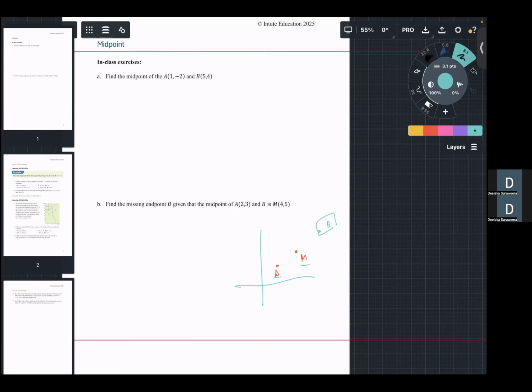So that would just make this 2 and this 2 as well, and that would just make it 4 and 4. So B has to be 4 and 4. You're not adding 4 and 4, because if you're trying to get the midpoint, normally you add 4 and 4 and you halve that. So the answer would just be this, right? Yeah.